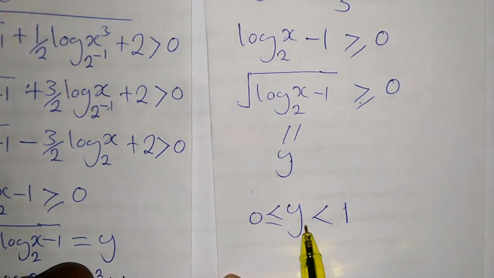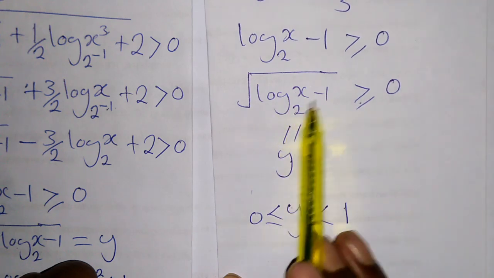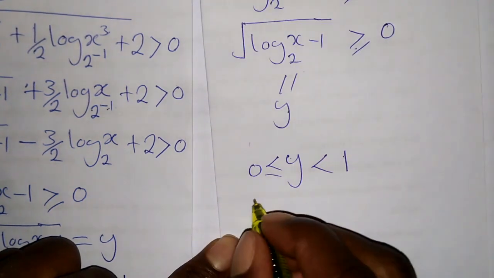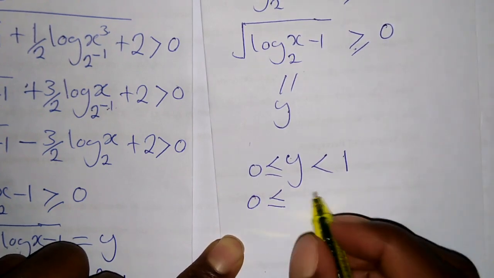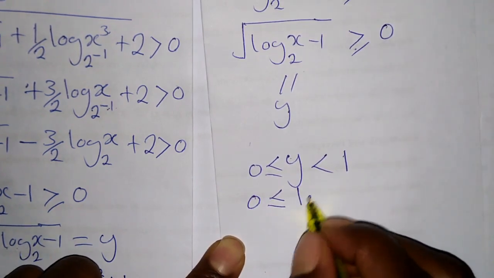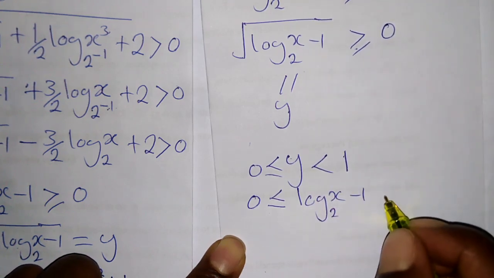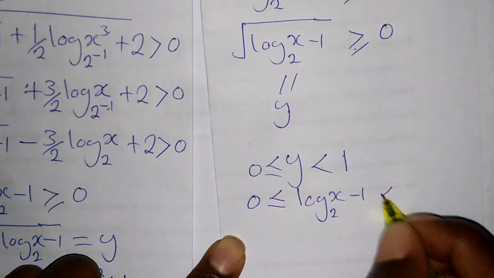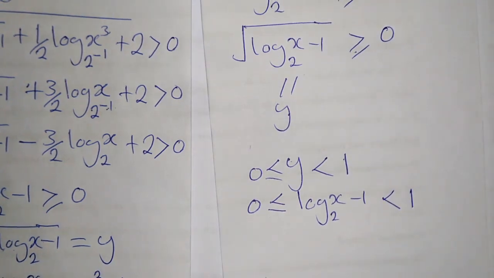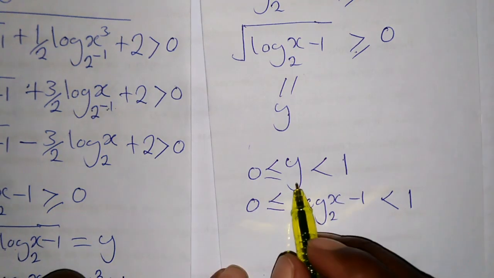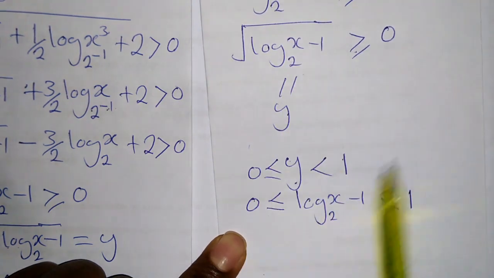But the value of y is the same thing as square root of log x base 2 minus 1. Therefore we have 0 less than or equal to square root of log x base 2 minus 1 less than 1. Now, y is the square root of log x base 2 minus 1.